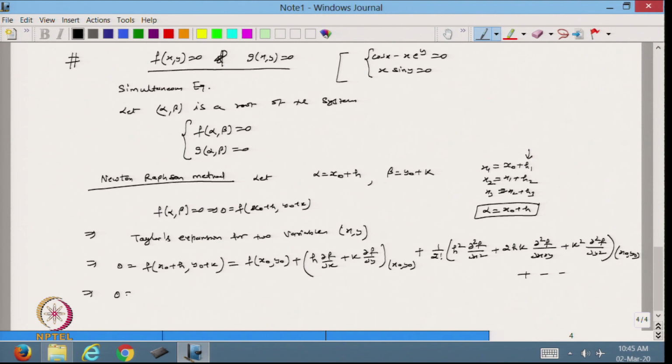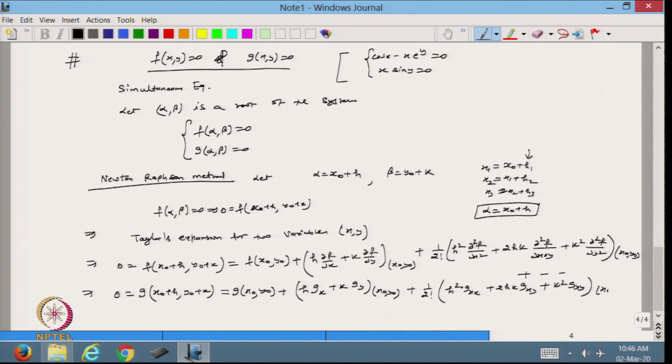Similarly, I can apply this to the other function. So, from here I can write this as g(x0, y0) plus h del g by del x plus k g_y at (x0, y0), plus 1 by 2 factorial times h squared g_xx plus 2hk g_xy plus k squared g_yy at (x0, y0), and the higher terms.